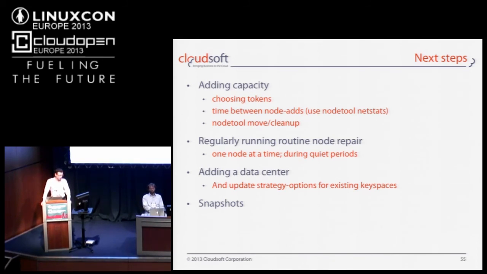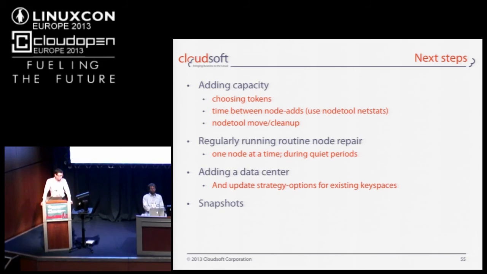How do you ensure that you add the nodes at the correct times? And how do you run all the nodetool move and cleanup operations to ensure that the data ends up on the new nodes that you've added? There's lots of other scope for automating other things, like you're supposed to regularly run routine node repair and do this during quiet periods, one node at a time, because it's extremely CPU and disk intensive.